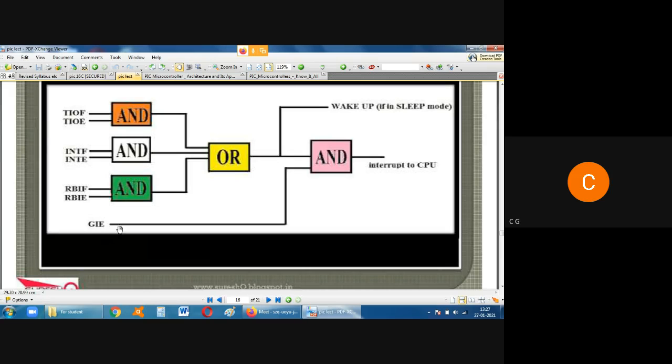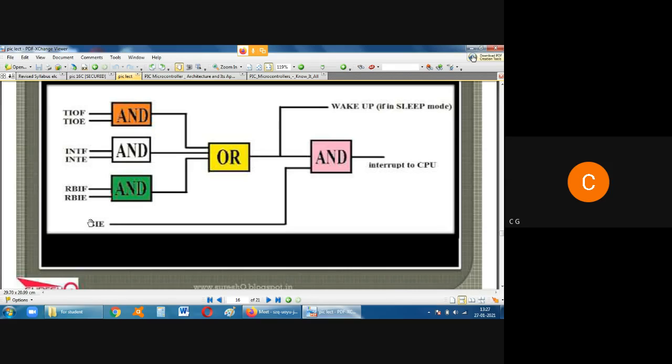If the interrupt enable is not one, then whether you give the wake up signal or any interrupt coming from this, the CPU is not going to listen and it is not going to awake from the sleep mode.